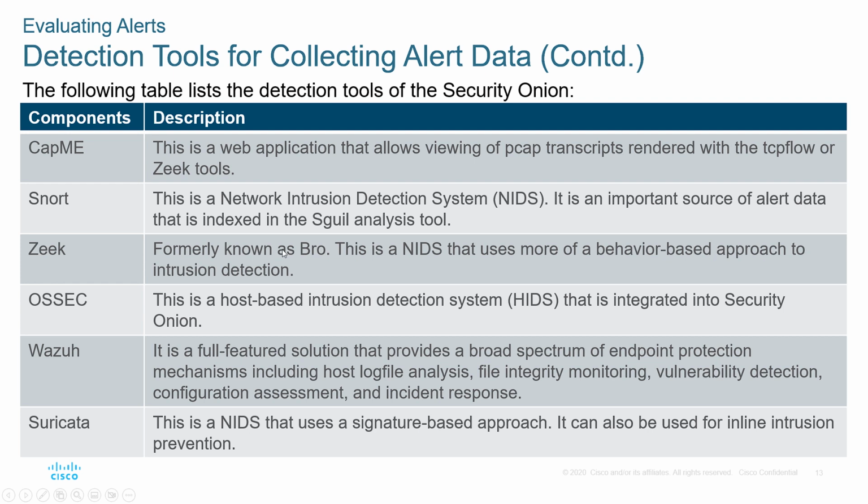Zeek, formerly known as Bro, is also considered one of the NIDS and uses more of a behavior-based approach. When it is combined together with Zeek, it gives us a better type of detection because it is not more on signature-based, rule-based, or pattern-based, but Zeek is more on behavior-based detection.